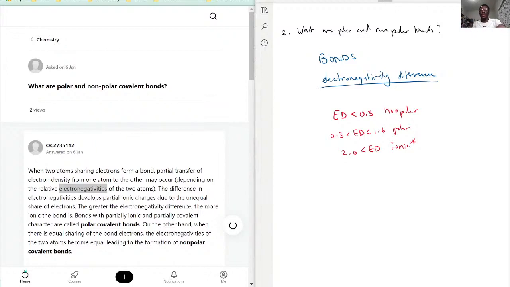So with that being said, you're probably wondering, what does electronegativity difference mean? Electronegativity is kind of like an atom's affinity towards electrons. When you look at the periodic table, the electronegativity trend goes this way, with fluorine here being the highest, and I think radon being the lowest.